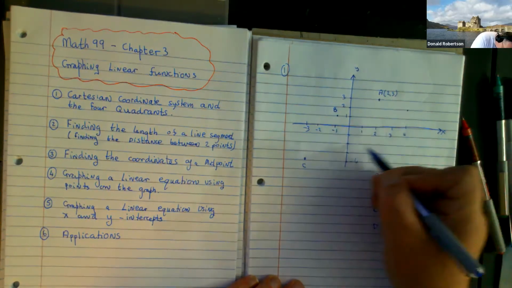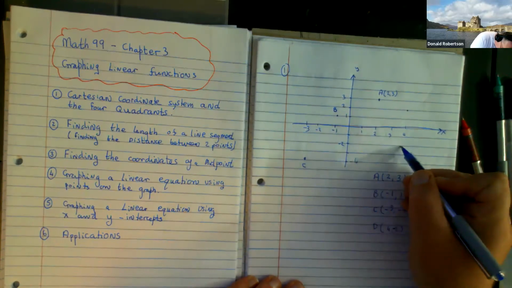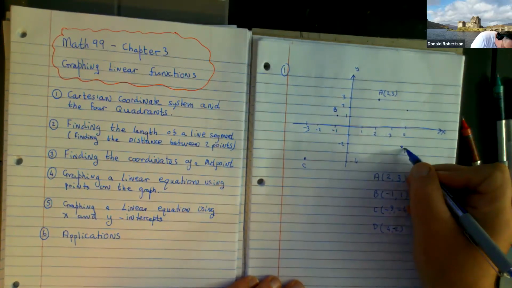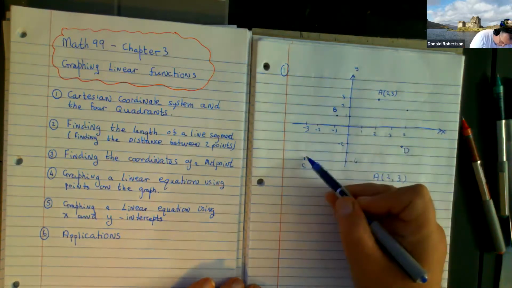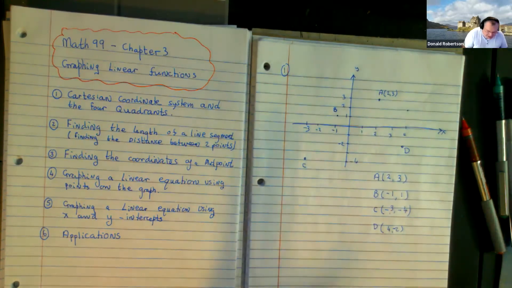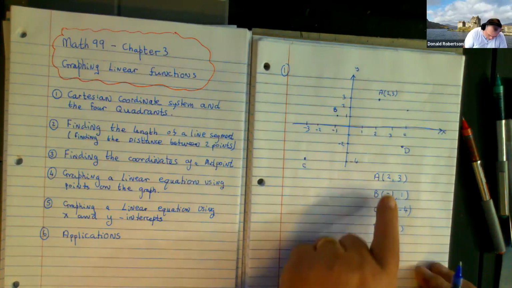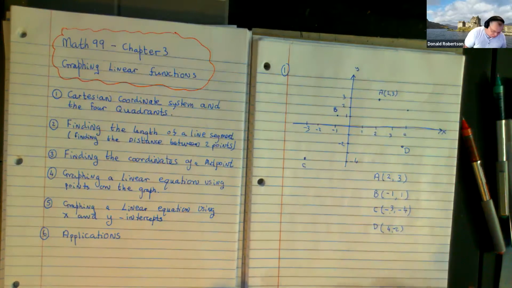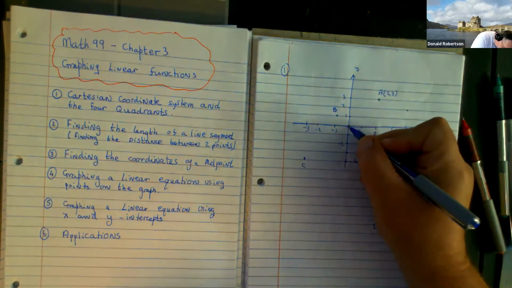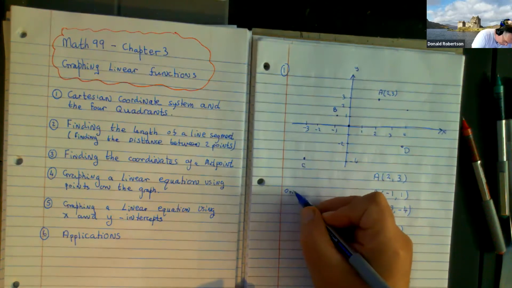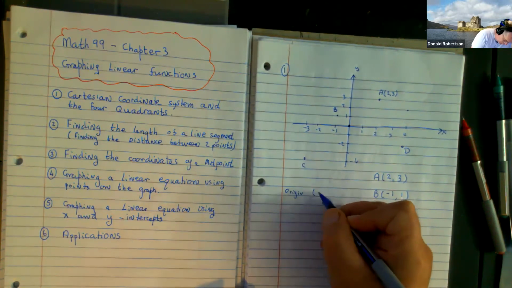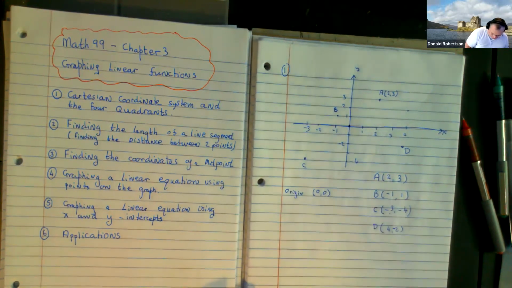So 4 in the x and 2 down, and that puts us here, and that would be D. So we have A, B, C, and D, and any point in 2D space can be described by these ordered pairs. For instance, there's one really special point in the center called the origin, and it has coordinates 0, 0.